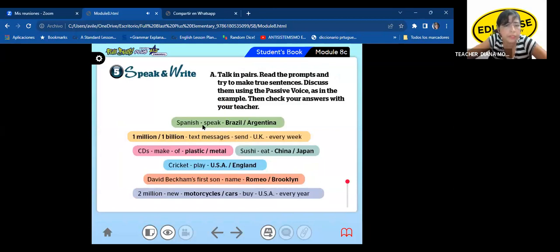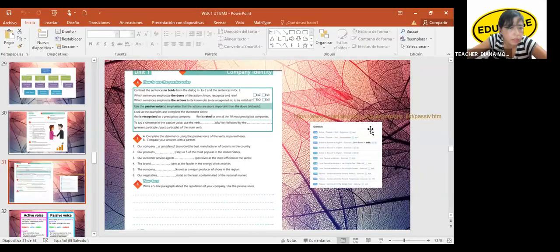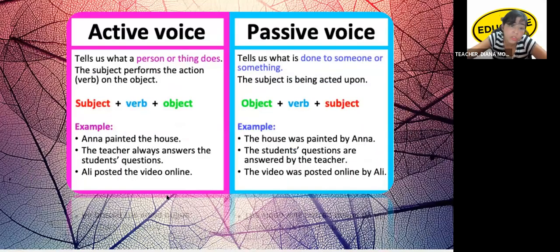But in this case, for example, right? We're gonna do that exercise after because I'm gonna explain first how we can use the structure. Look at this. Now you know why we use it, when we can use it, and the difference. But what is the structure?